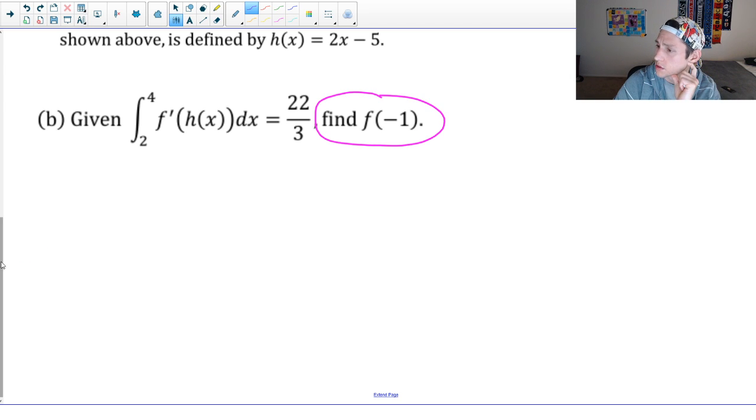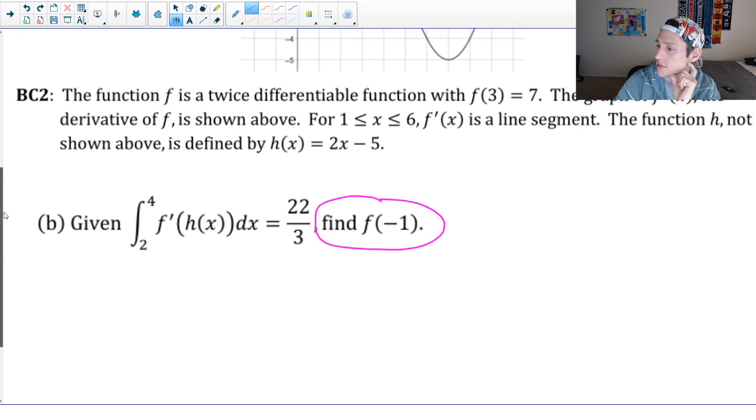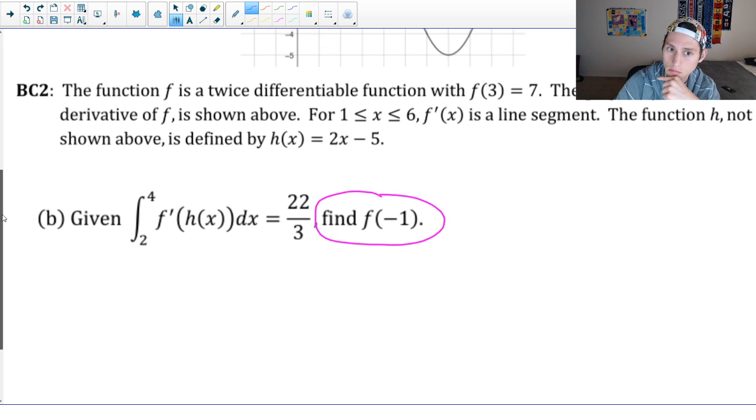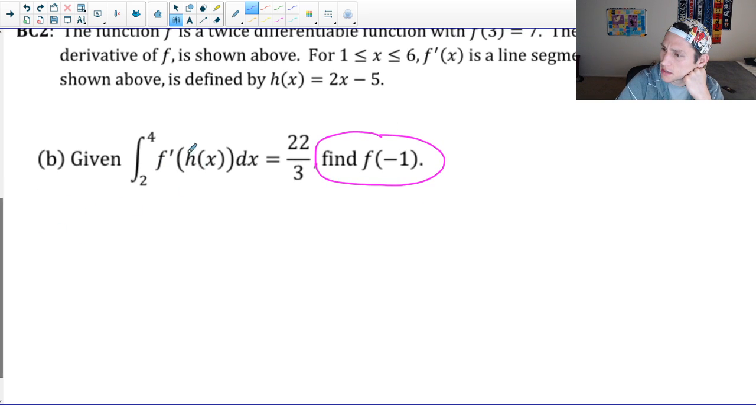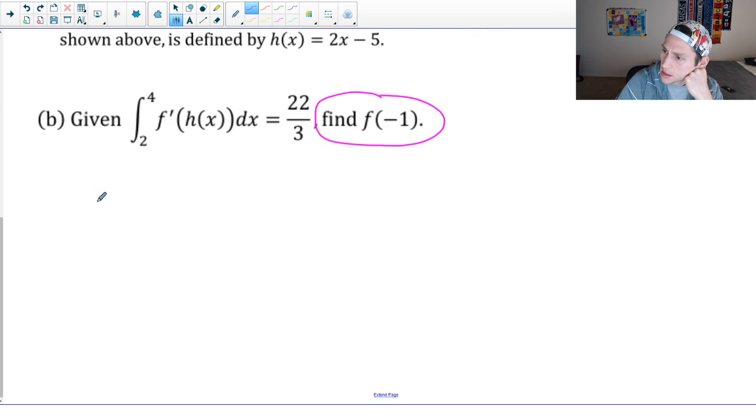The integral from 2 to 4, f prime of h of x equals 22/3. Find f of -1. Okay. So let me expand this integral here.